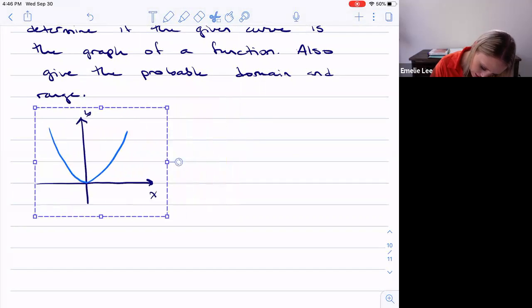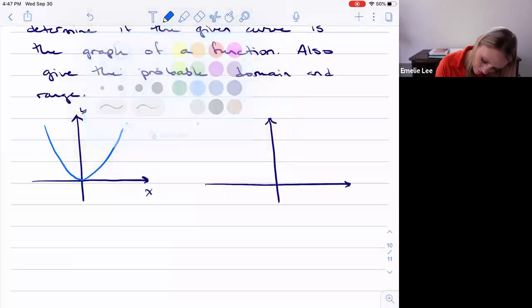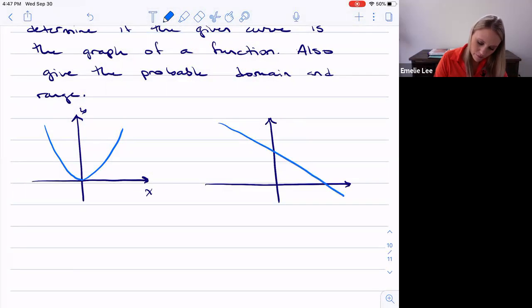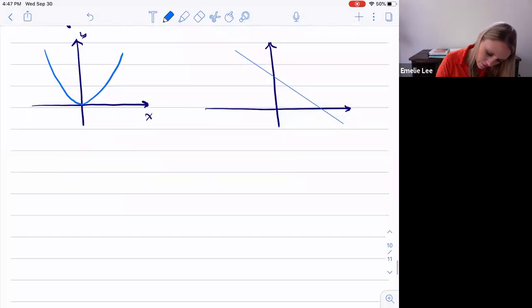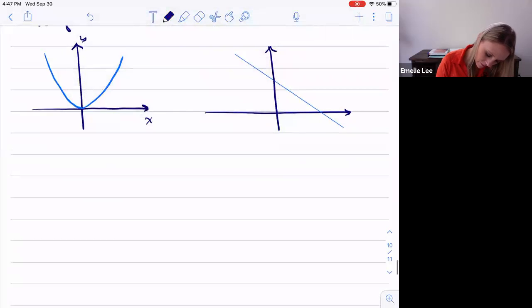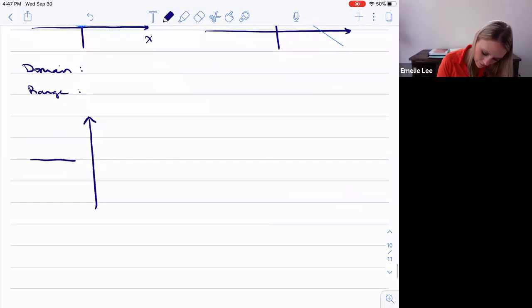Maybe I'll scoot it over. Hey, what am I doing?